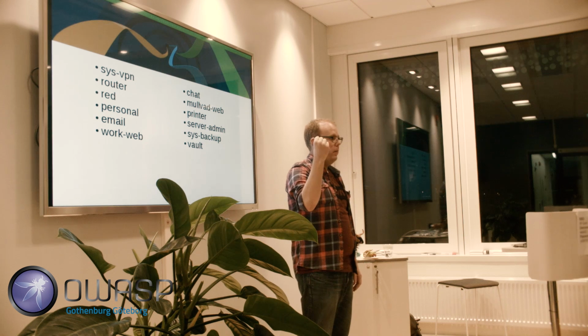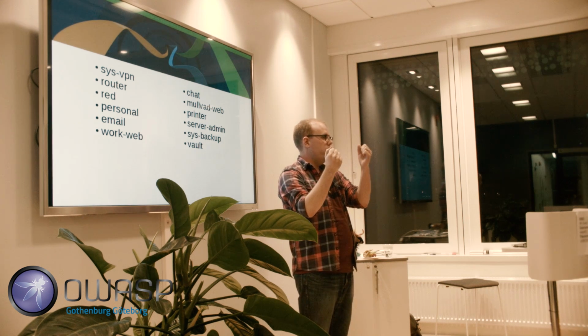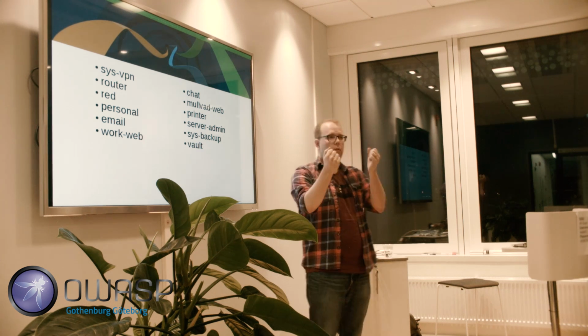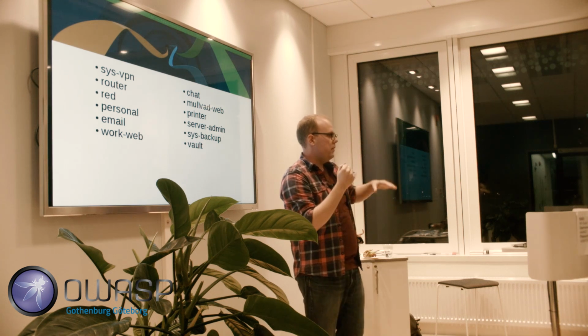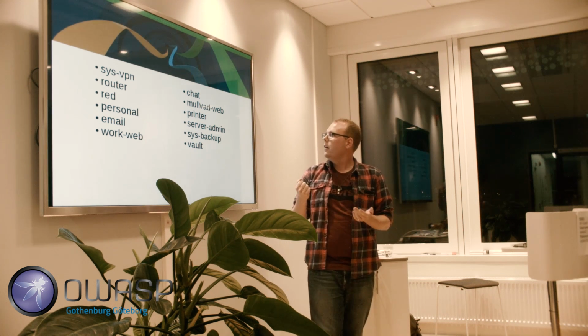That's where I run my Wi-Fi drivers and my DHCP client. Hooked up to that, I have a firewall, and hooked up to that, I have a VPN VM. The VPN VM is only allowed to make UDP connections to a specific IP address. And hooked up to my VPN VM are all of these other VMs, like my personal web browser, my email, my work web, my server admin, etc.